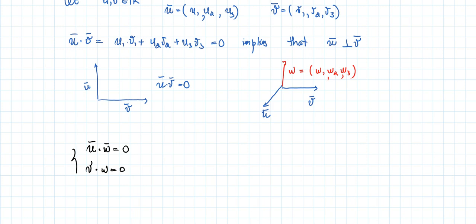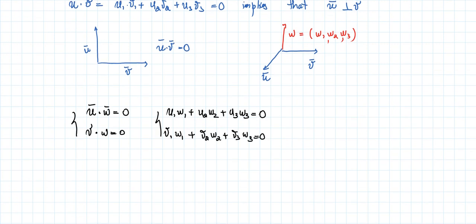So let's multiply them out. It is going to be U1 omega 1 plus U2 omega 2 plus U3 omega 3 is equal to 0, and V1 omega 1 plus V2 omega 2 plus V3 omega 3 is equal to 0. And I would like to find what omega 1, omega 2, and omega 3 are.